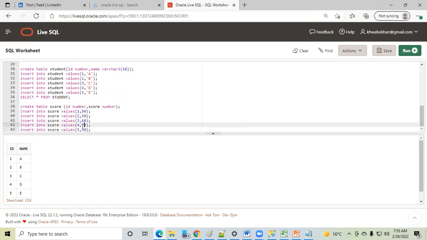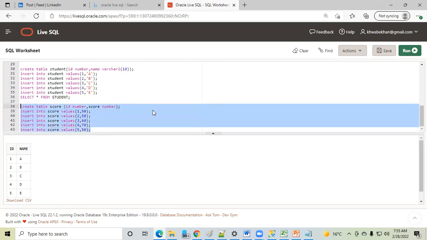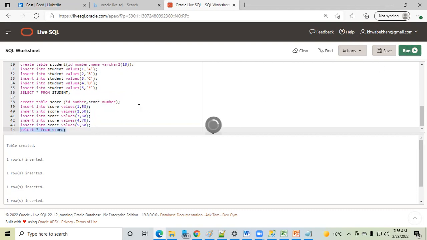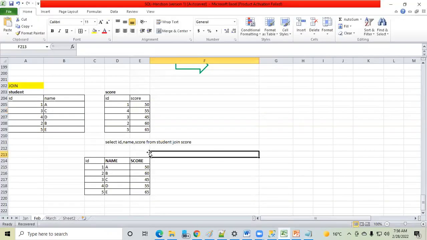Maybe this is not according to the values we gave in the Excel sheet. Let us start from the score. So this is the data here.